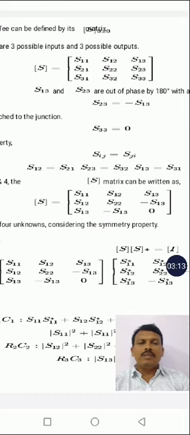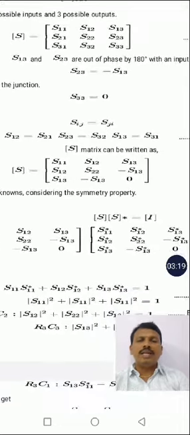Port 2 and port 1 are out of phase, that is a 180 degree phase shift. That's why, from the S matrix, we can define S23 equal to minus S13. Both amplitudes are the same but in opposite phase.